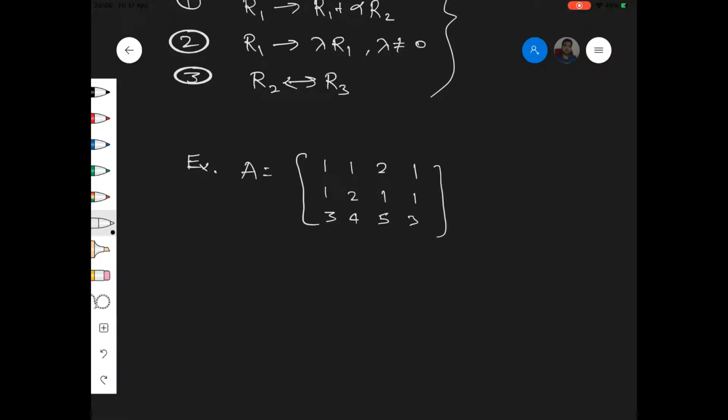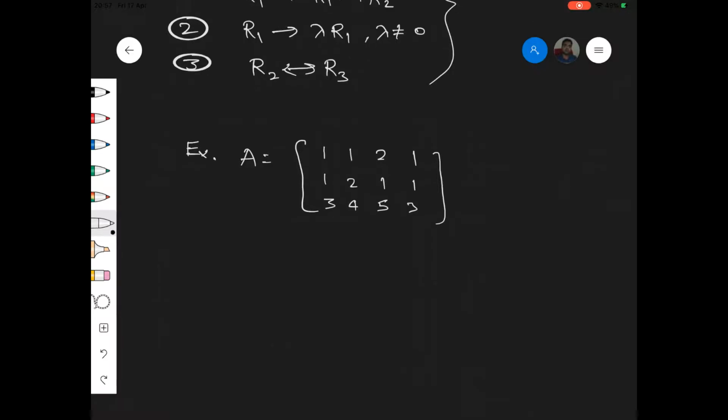Definitely this matrix is not in its echelon form, because the leading entry in each non-zero row is not 1, and each leading one is not the only non-zero entry in its column. So both properties are not true here. So we'll use the fundamental row operations to convert this matrix into echelon form. Sometimes these operations are also called Gauss-Jordan elimination operations.